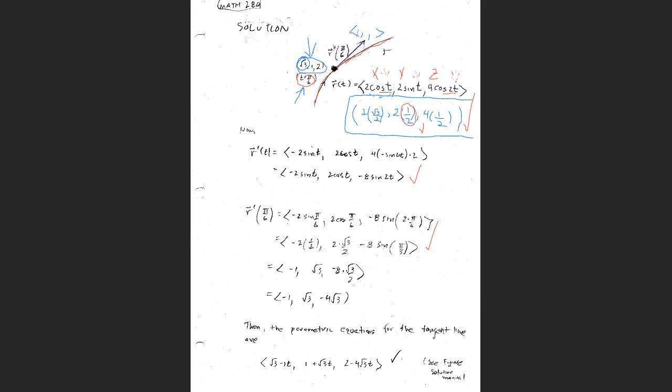What are the x, y, and z components? The x, y, and z components are going to be -1, √3, and -4√3.